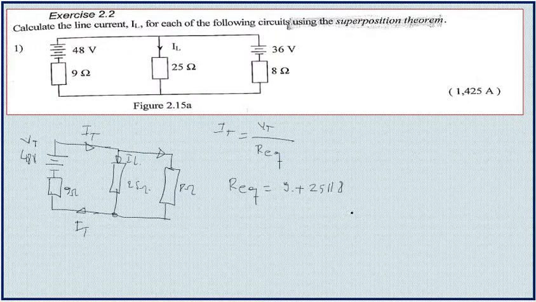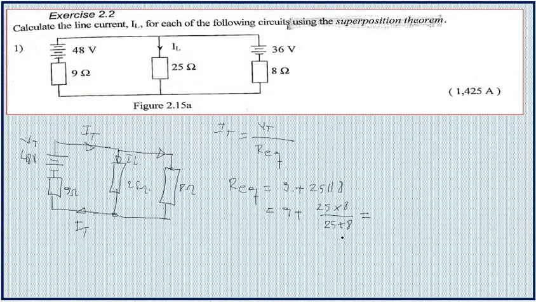If we have two resistors in parallel, the total resistance is their product divided by their sum. So we replace this by 25 multiplied by 8 divided by 25 plus 8.